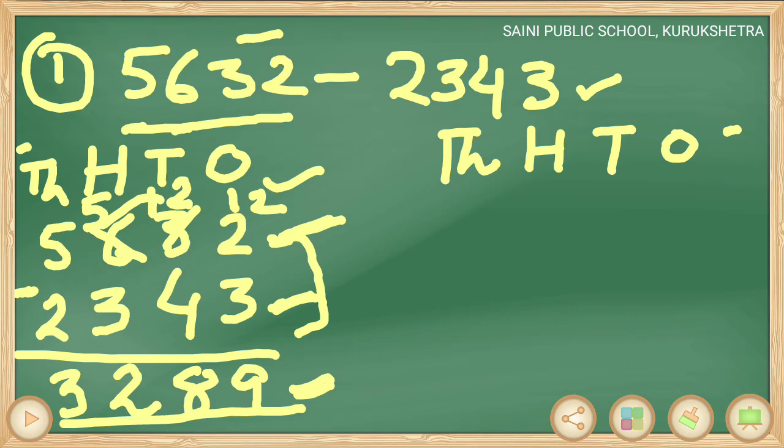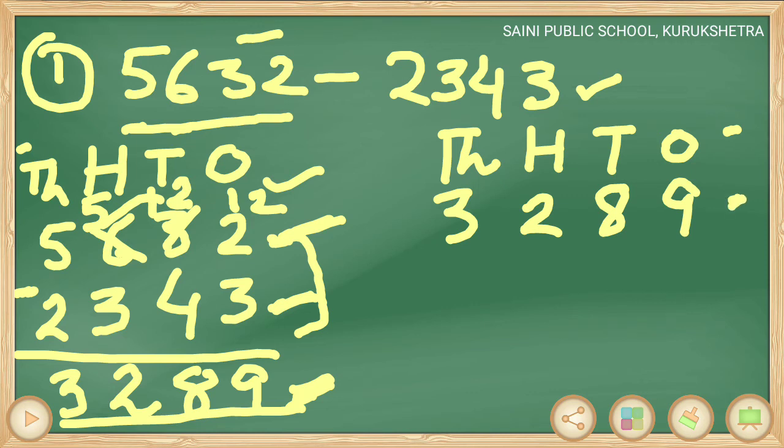Now first of all, write here the difference, 9, 8, 2 and 3. Now we will add one number to this difference. Which number is this? This is the lower number. It means for verifying our subtraction, we will add the difference to the lower number.